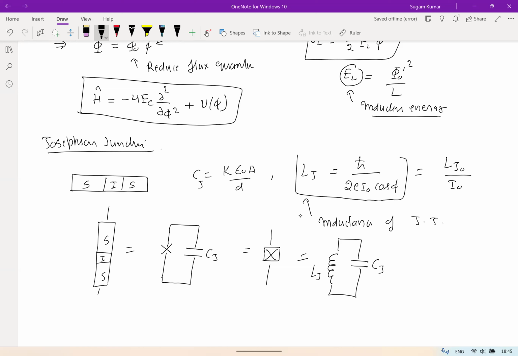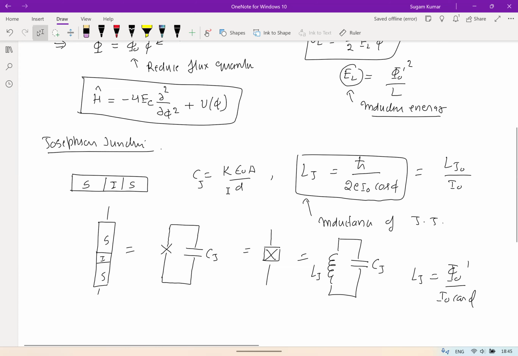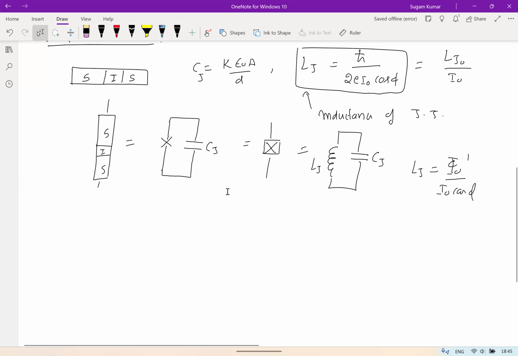This Lj, another form I mentioned to you yesterday, is also written as phi naught over phi dash and I naught cos phi. Then because of this inductance, we can calculate the potential energy of the Josephson junction.